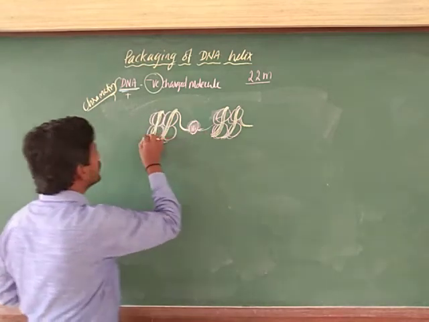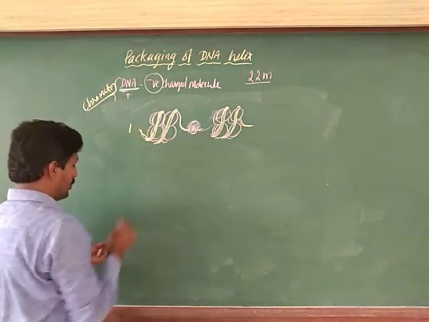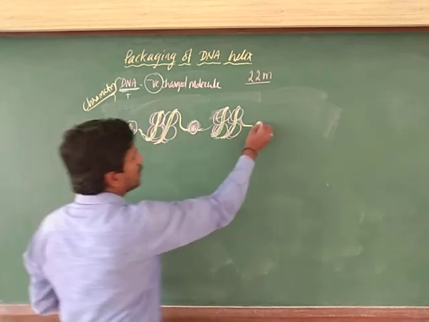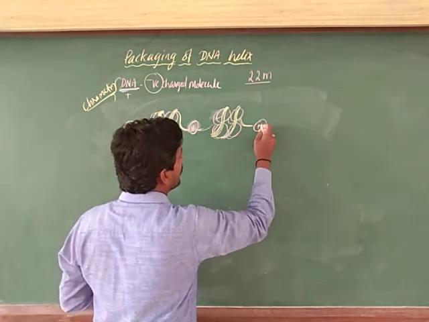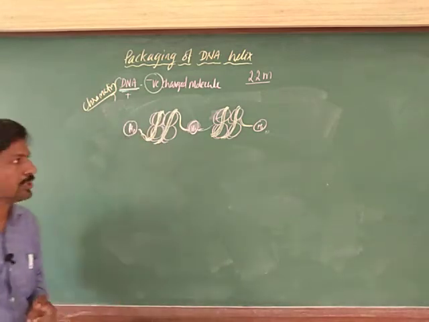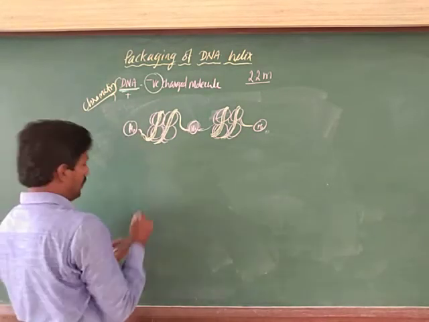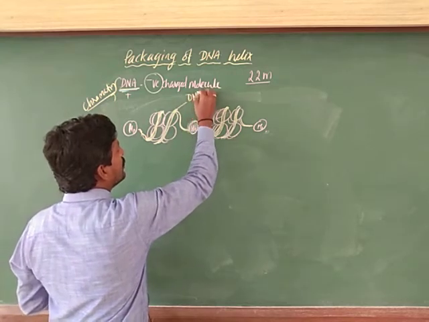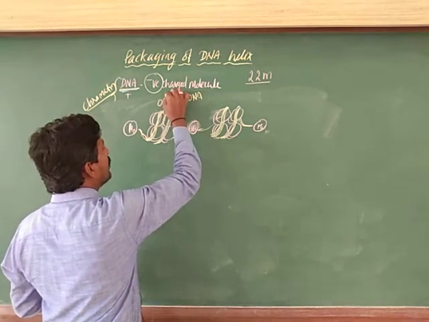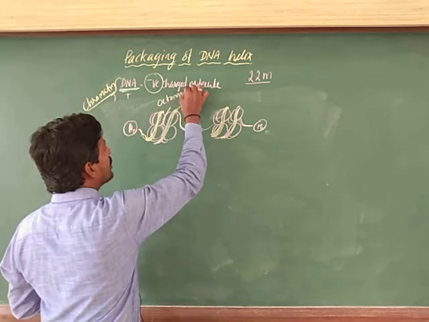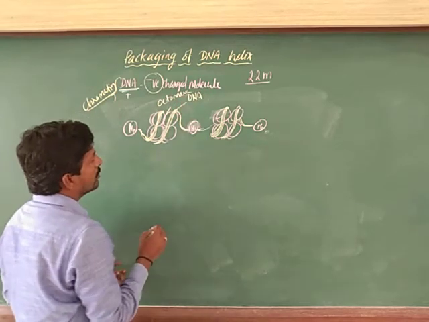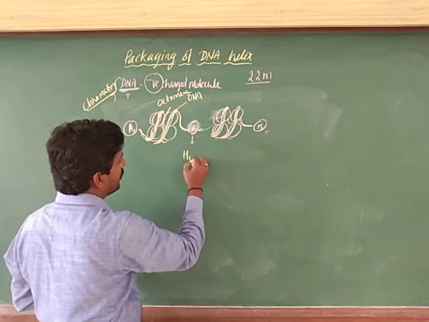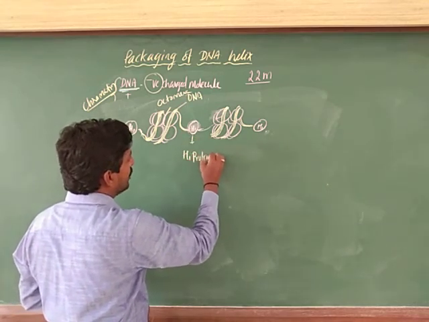Here one more protein, H1. This H1 histone protein links, and this yellow is the DNA. This is the octamer, that is histone proteins, and this is the H1 protein.